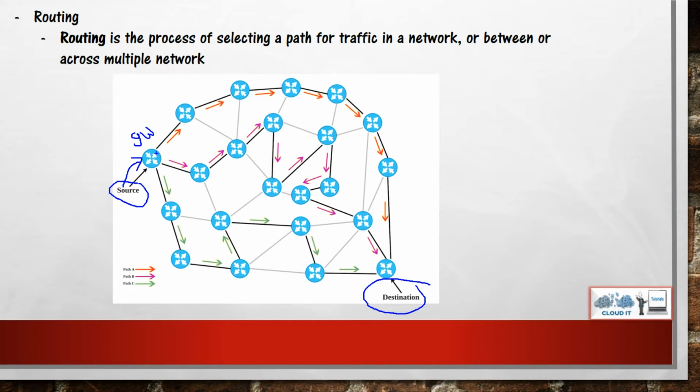As you can see in this diagram, this gateway is also connected with three different routers, 1, 2 and 3 respectively, and they are also connected with different routers. This gateway is connected with router 1 with this interface, router 2 with this interface, and router 3 with this interface.